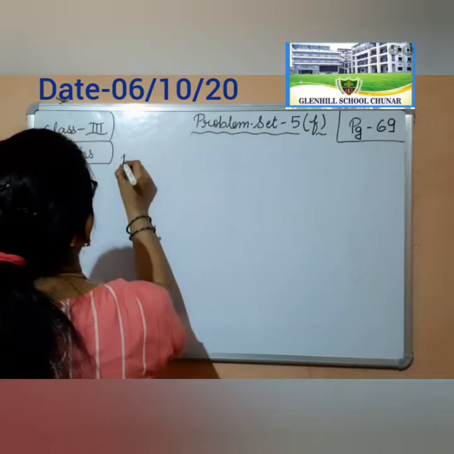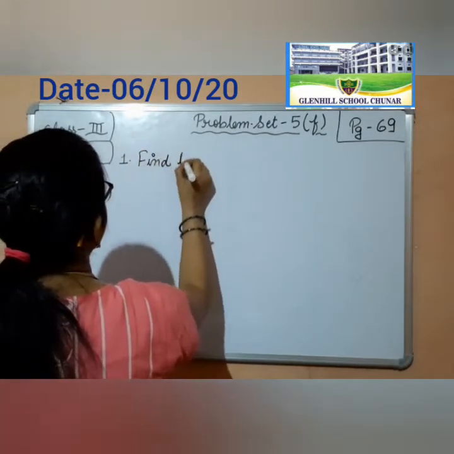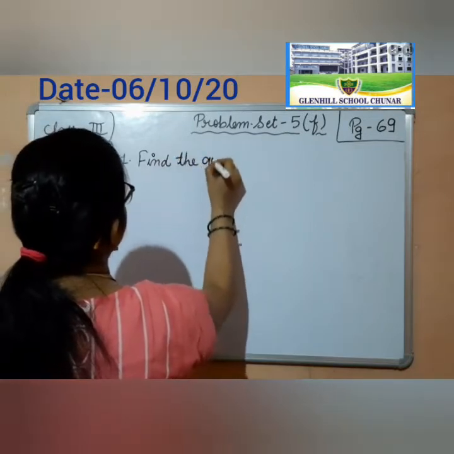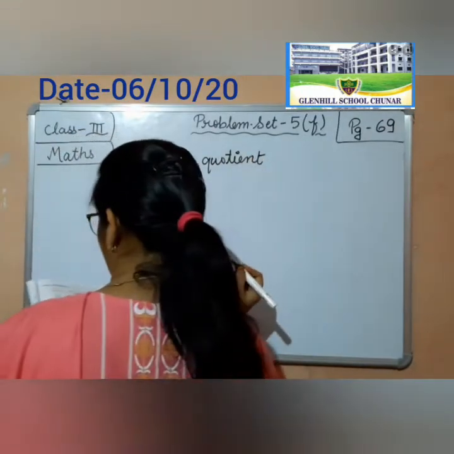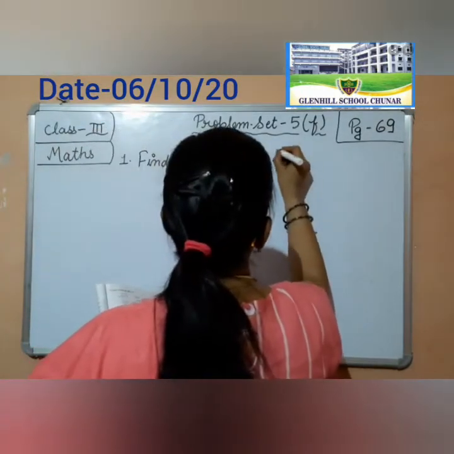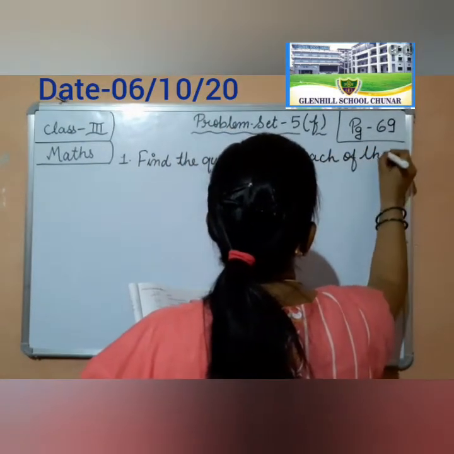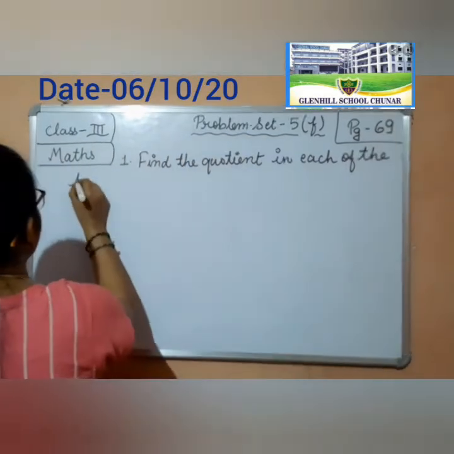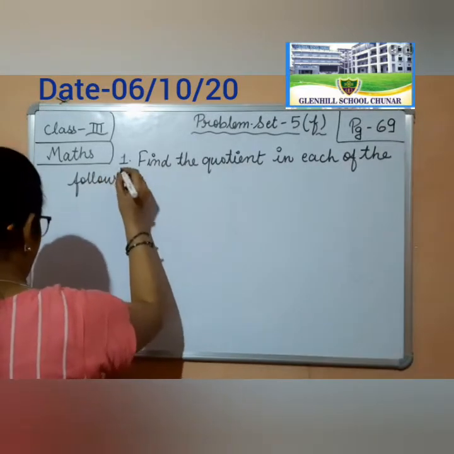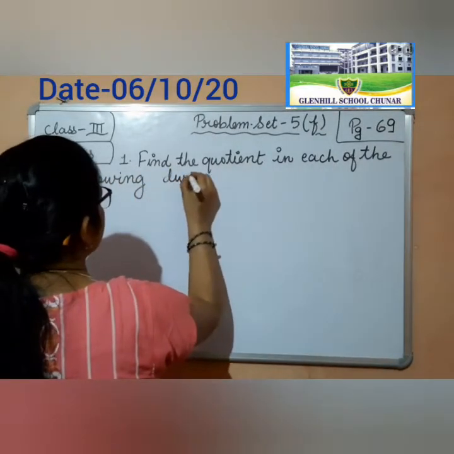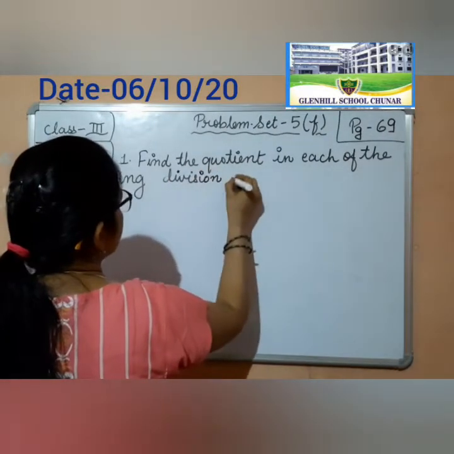Now see number 1, find the quotient in each of the following division sums.